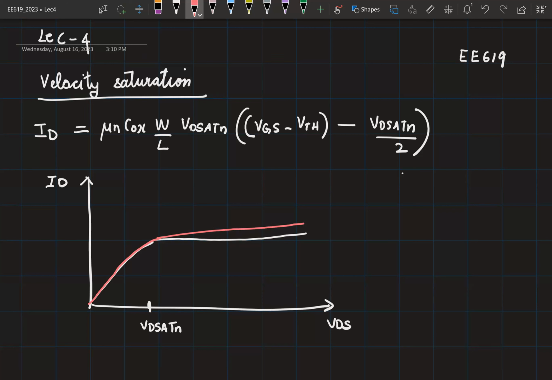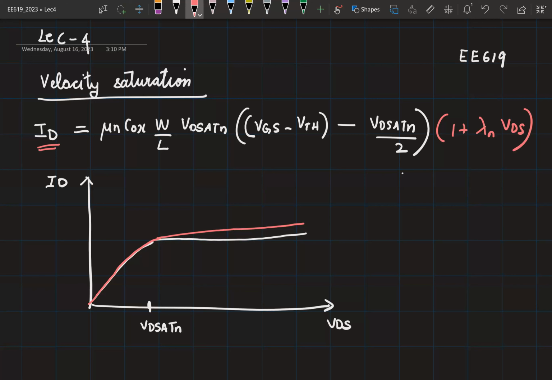And to account for the fact that the IDS is actually increasing slightly with respect to VDS, we will have 1 plus lambda VDS. So the unified model has already captured this. I wanted to stress on this once more. Now we'll not worry about the underlying physics associated with this. For now, just understand that even under velocity saturation, your current is going to increase slightly with respect to VDS.